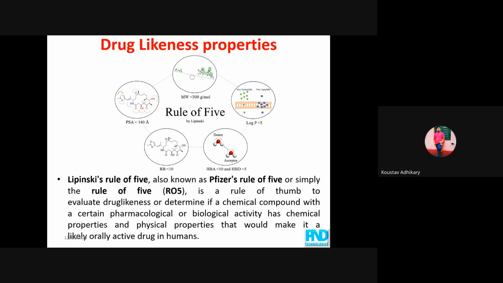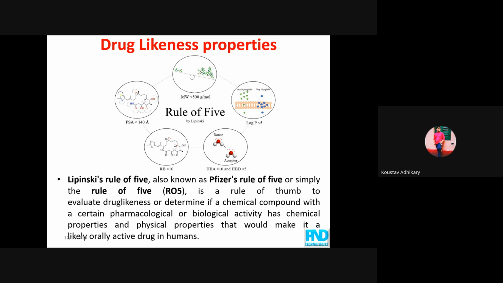Drug likeness properties. So we are coming to the Lipinski rule of 5, also known as the rule of 5. It is not really 5 rules, actually it has 4 rules, but after incorporation it comes to 5. It is a rule of thumb.